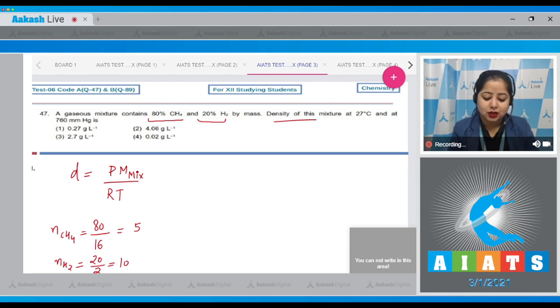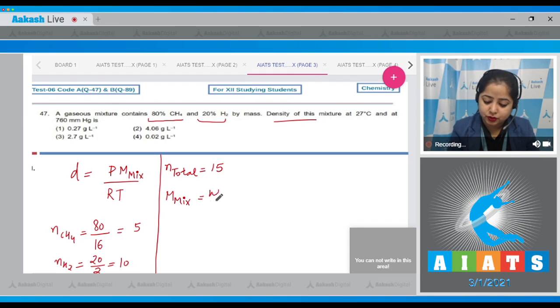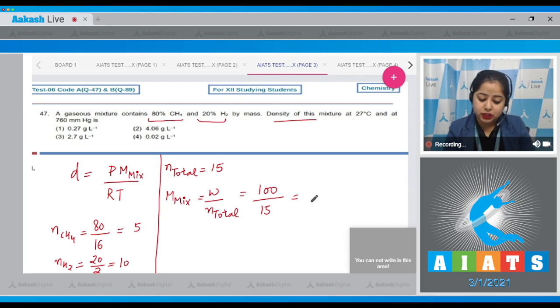That means 10 moles of H2 are present. So student, total moles is equal to 15, 10 plus 5. Then we'll calculate the molar mass of mixture, which is equal to given mass upon total number of moles. So mass we have assumed is 100 and total number of moles is 15. We have already calculated, which is equal to 6.66.